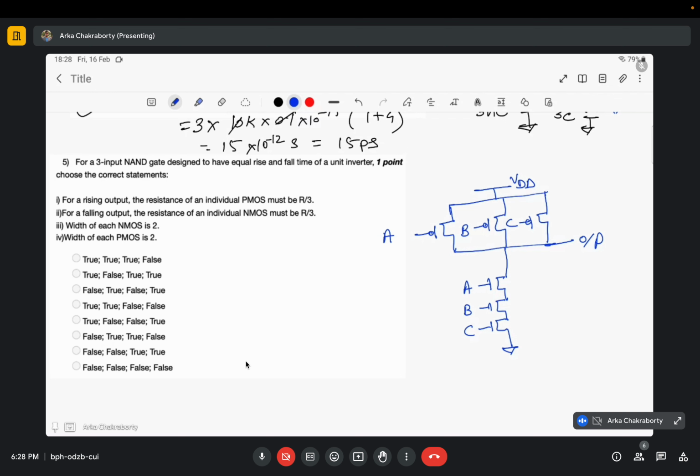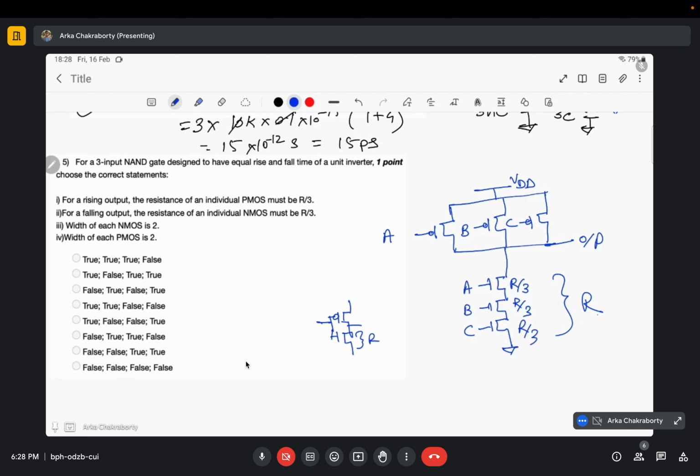As we want the worst case delay to be equal to that of the unit inverter, the resistance should be, as there are 3 transistors present, the net resistance should be R, which was for the case of a given unit inverter. We want this to be R. So each resistance should be equal to R by 3, as they are connected in series.